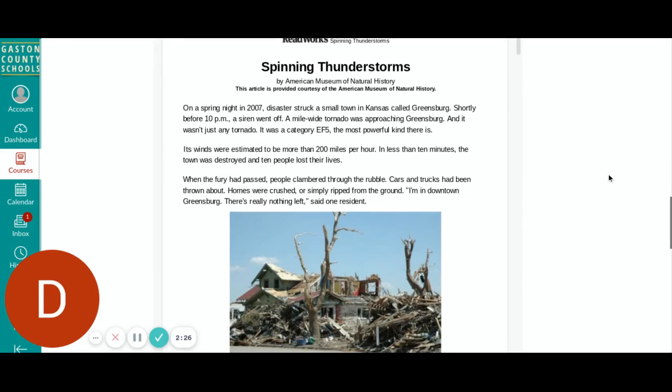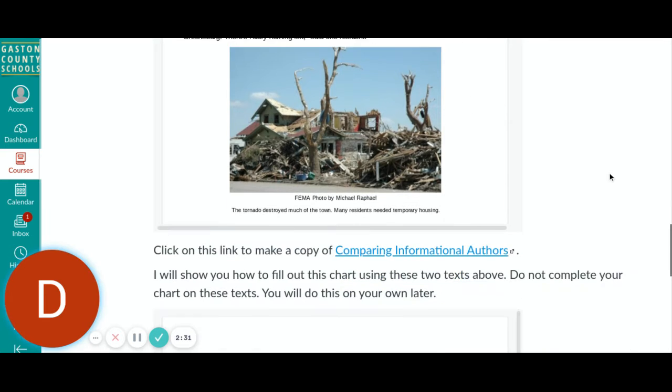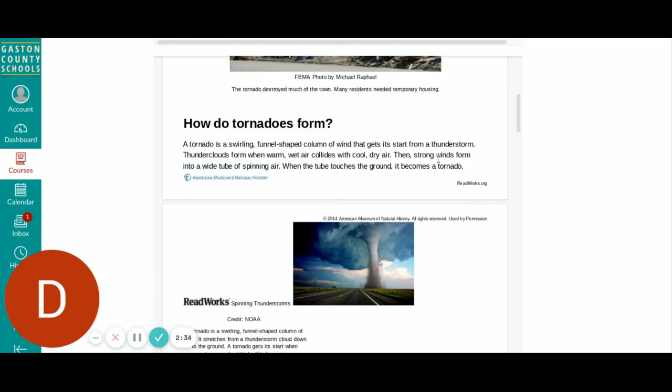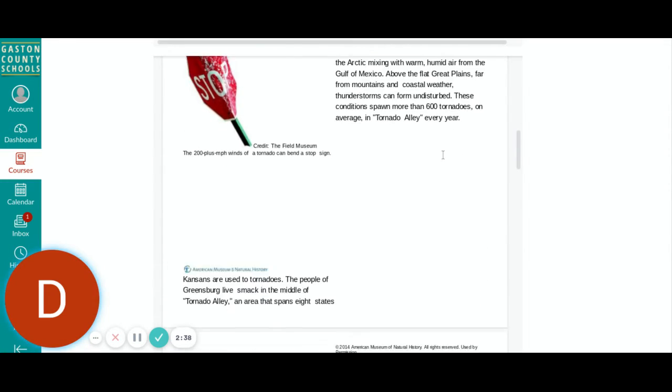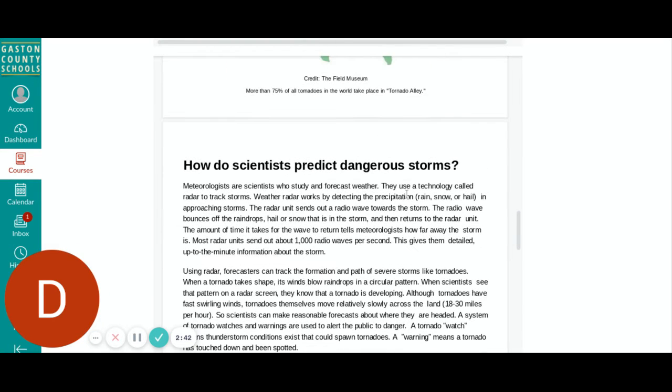But when I look at Spinning Thunderstorms, I definitely see lots of pictures to keep me interested in the text, to show me exactly what it looks like, to give me more understanding. But those headings that they include also help me organize my information. So maybe the organization could have been better on the Venus flytrap.